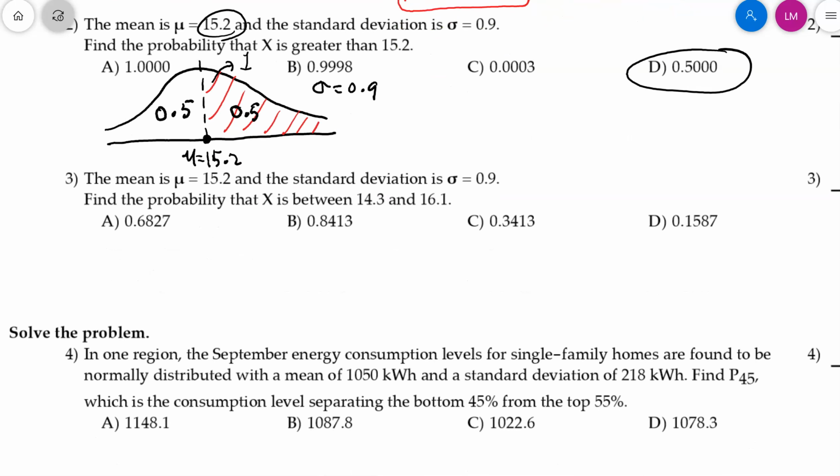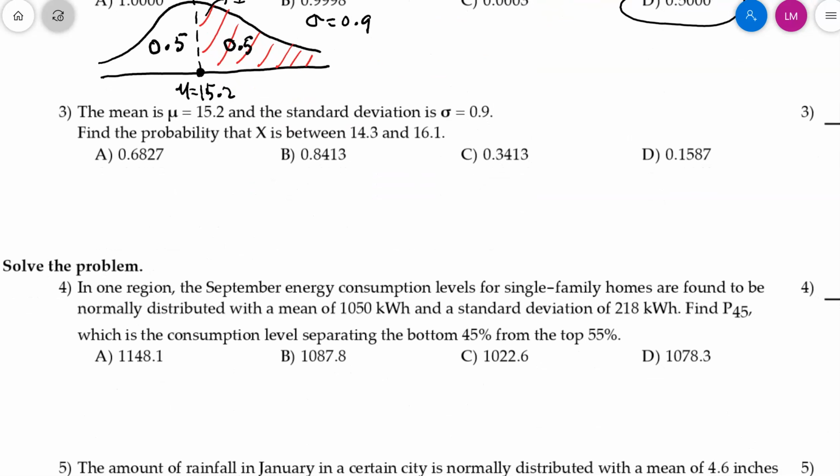Number 3. The mean is 15.2. Same thing, standard deviation 0.9. Find the probability that x lies between 14.3 and 16.1. So, let's draw the graph again. In the middle, we have 15.2. That's the mu.